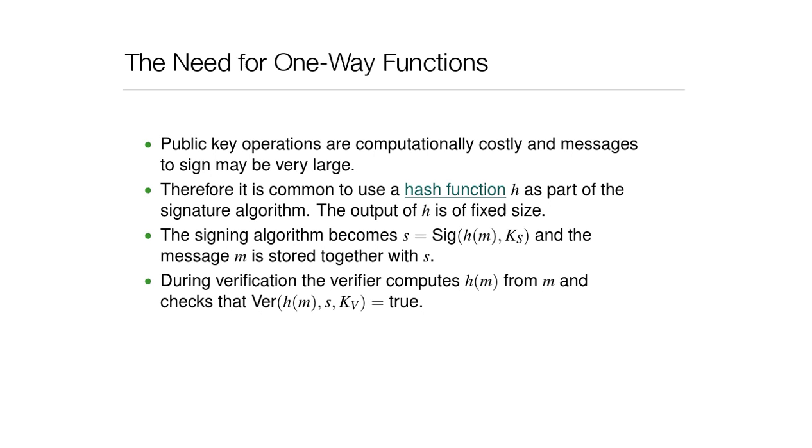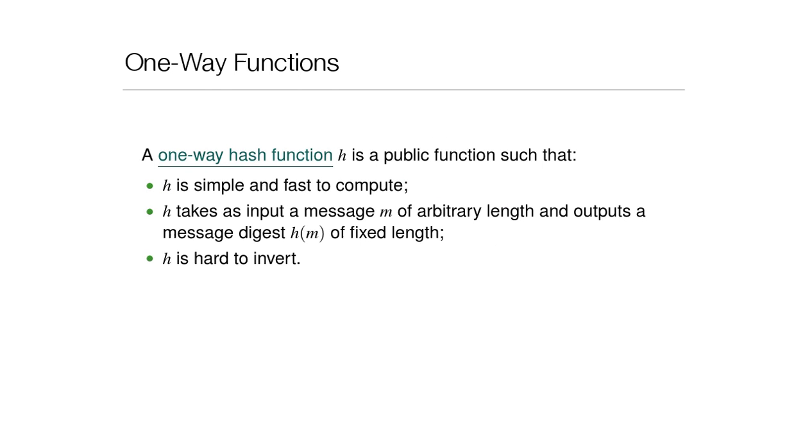And one-way functions, we have to learn a little bit about one-way functions when we have this topic. A one-way function H is a public function such that H is simple and fast to compute. H takes as input a message M of arbitrary length, any length, and outputs a message digest or the tag H(M), the tag of the message using the hash function.